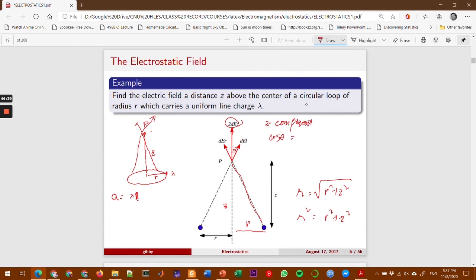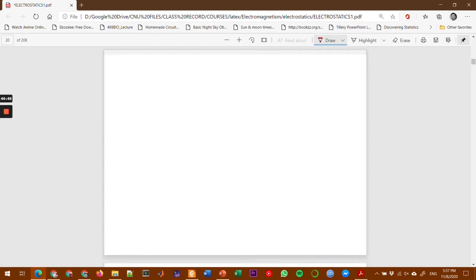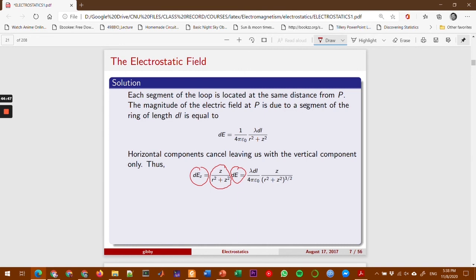Cosine theta is just Z over R. Remember that: cosine theta is Z over R. That's why we have this Z over R.